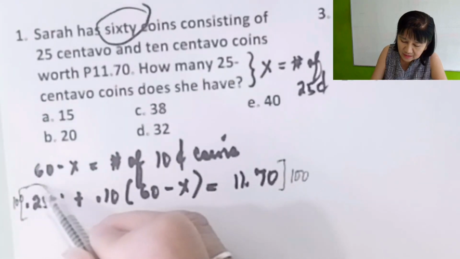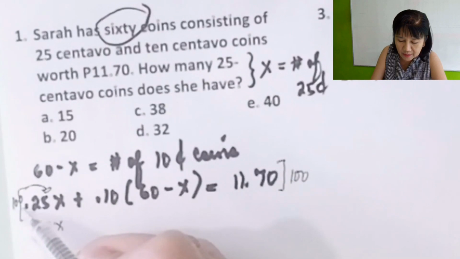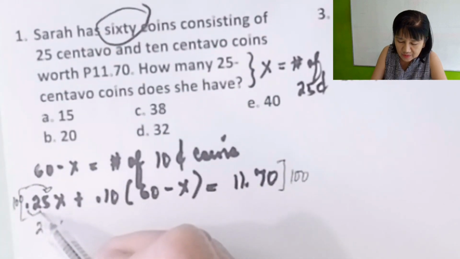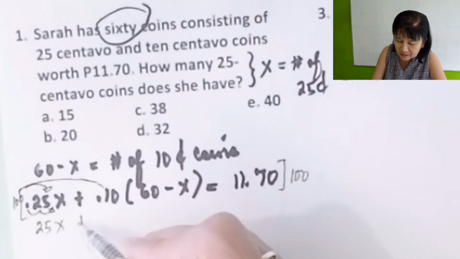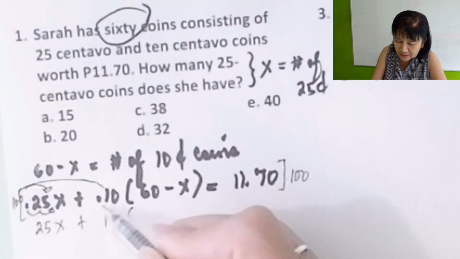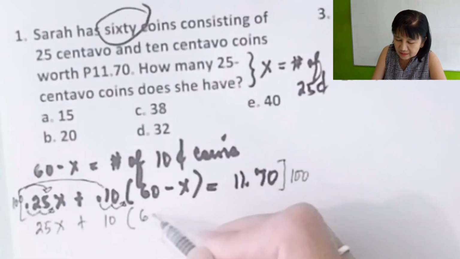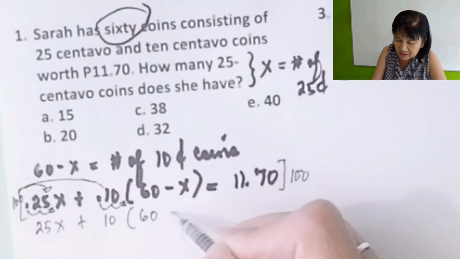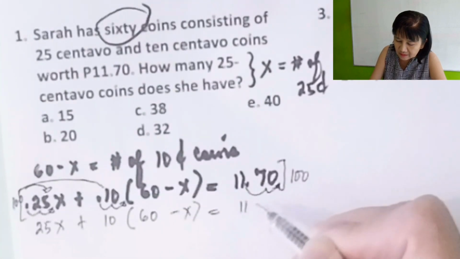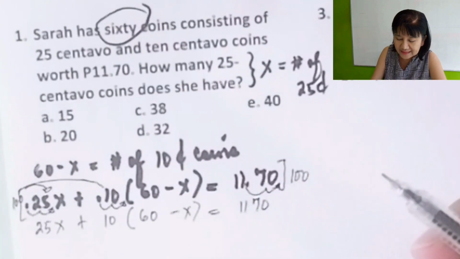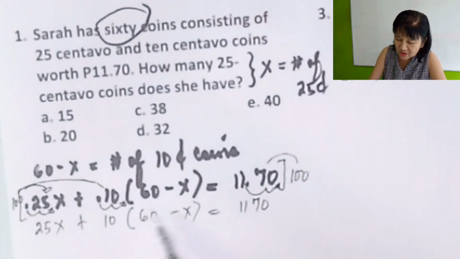So 100 times 0.25 becomes 25X. Remember, when you're multiplying by 100, you just move the decimal point 2 places to the right. So 100 times 0.10 is 10 times the quantity 60 minus X equals 1,170, because we multiplied 100 to each of the terms.